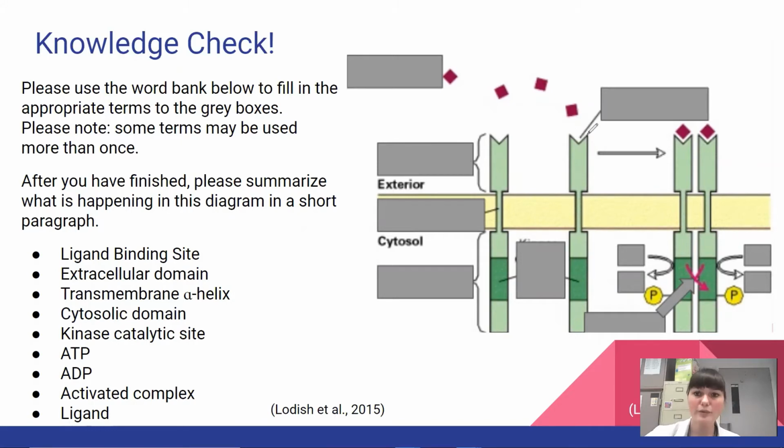So we would go through and label together that this here would be the ligand binding site. This up here, this red square, represents the ligand itself. The extracellular domain is this right here. This is the transmembrane alpha helix.